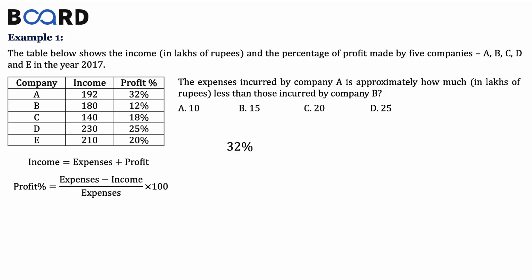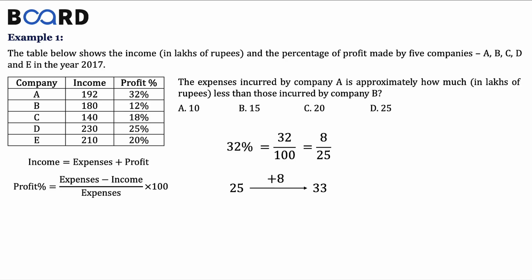Here, the percentage given is 32%, whose fractional equivalent is 32 upon 100, which when simplified gives us 8 upon 25. Which means if 25 is considered as the cost price or expense, then there has to be an increase of 8 because there is a profit of 8. Thereby, it must have been sold for 33.